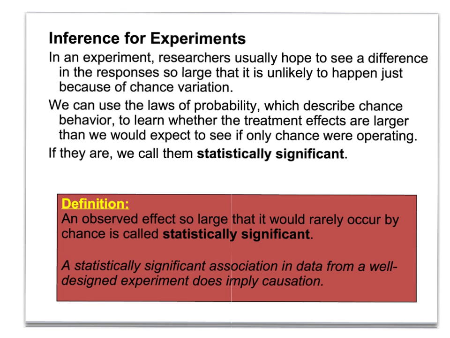Okay, when we do experiments, we like to infer from what we see in our sample what's going to happen to the whole population. So if we get results in our sample that are far away from what we would consider normal, then we can say that our treatment is having some sort of effect, and therefore infer that that treatment would have the same effect on the population.